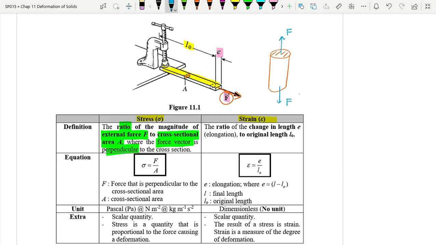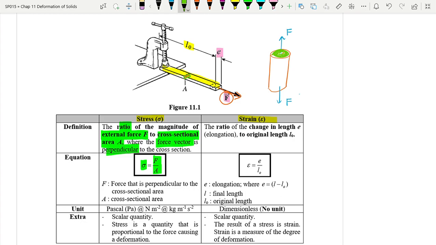Mathematically, we can simplify the formula. Stress has the symbol sigma, the small Greek letter sigma, which is force applied over area. It has to be the cross-sectional area. For a cylinder, the area will be a circle. For the wire shown in figure 11.1, the cross-sectional area should be the area of the rectangle.